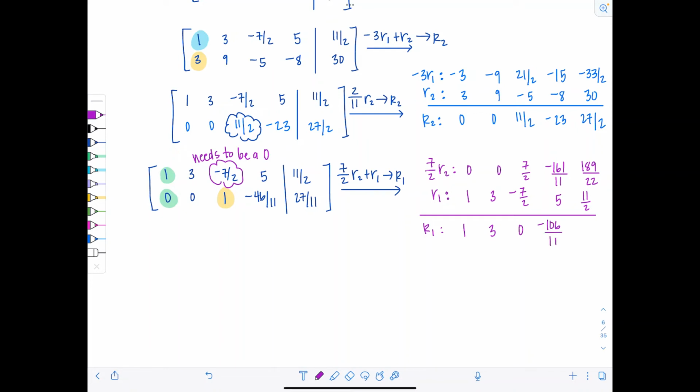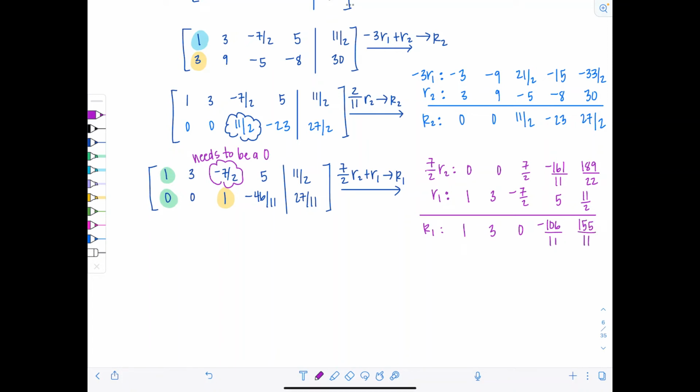And then 189 over 22 plus, I'd have to multiply that by 11. I feel like I missed a negative somewhere, didn't I? No, I didn't miss anything. I forgot. I reduced it. Okay, so 189 over 22 plus 11 over 2. After you reduce it, you have 155 over 11.